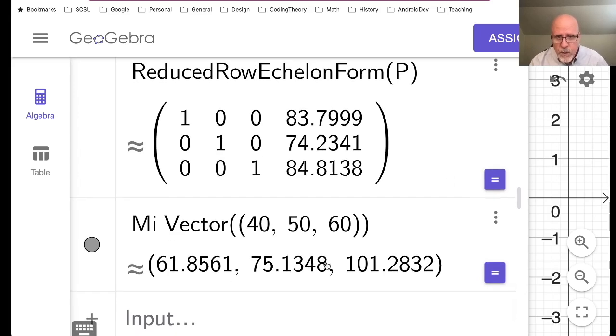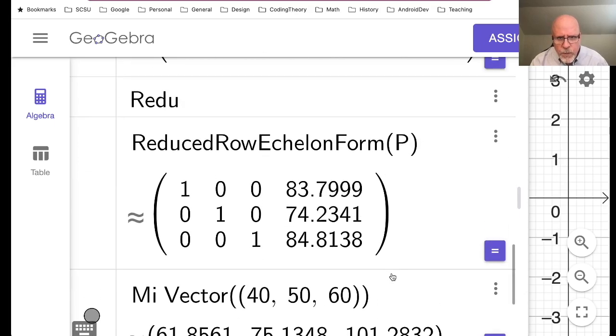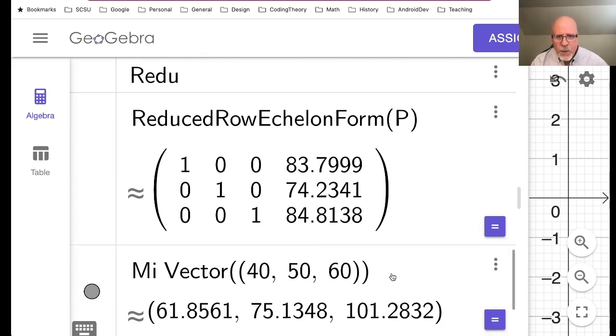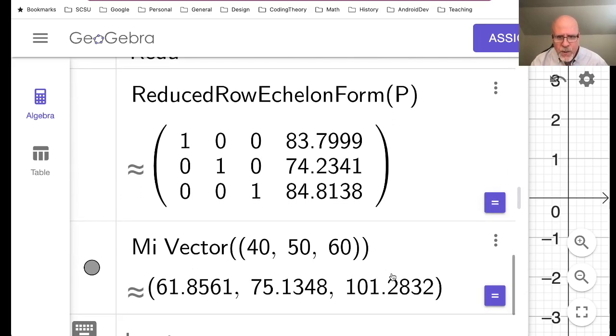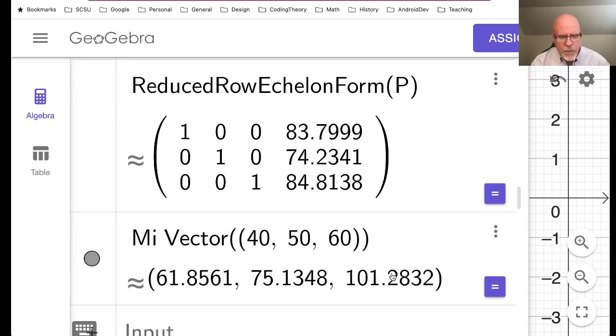These numbers are considerably different from what I got in reduced row echelon form. I really cannot see why. I'm going to have to come back to this and try to explain why these results didn't come out the same way, because they should have. But okay, so this will do for now.